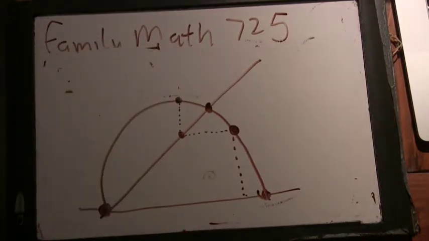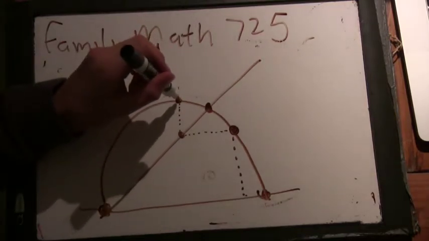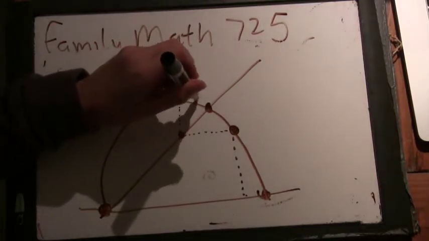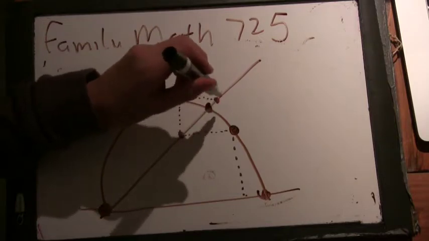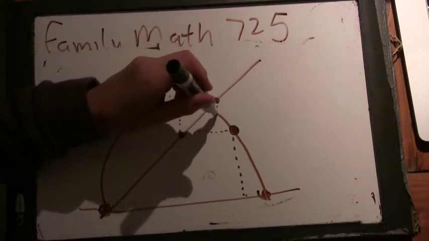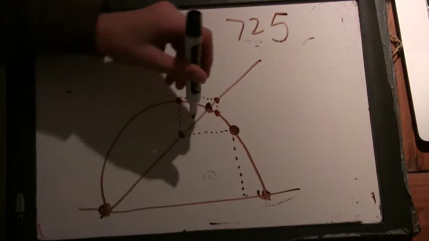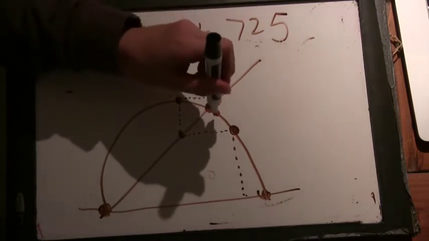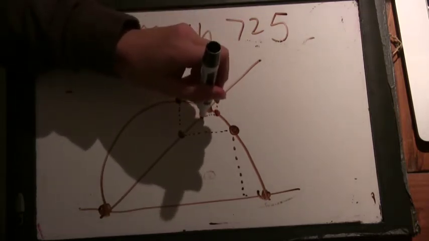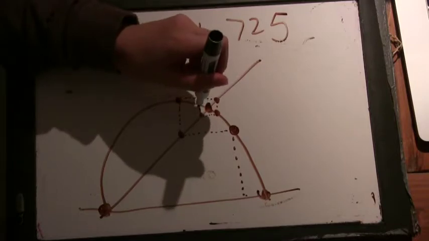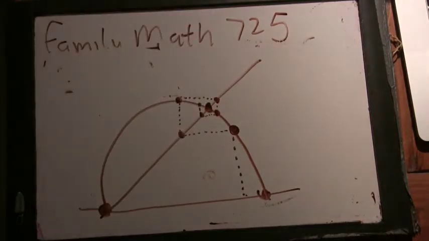Now go straight across to the line y equals x. Now go to the function. Now go to the line y equals x. Now go to the function. See what's happening? We're spiraling toward it.